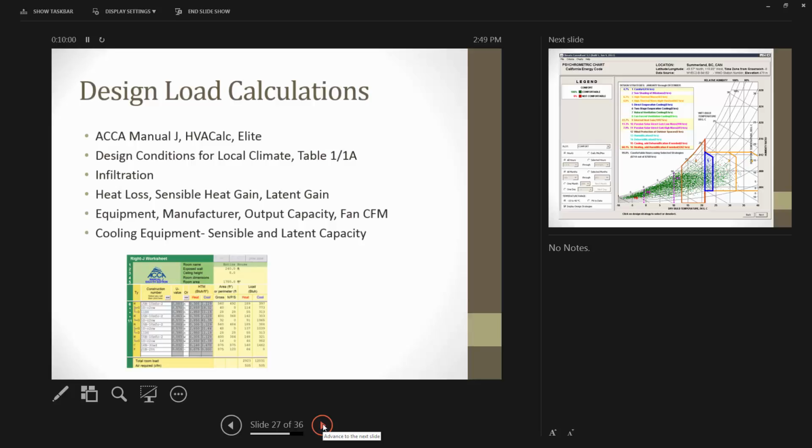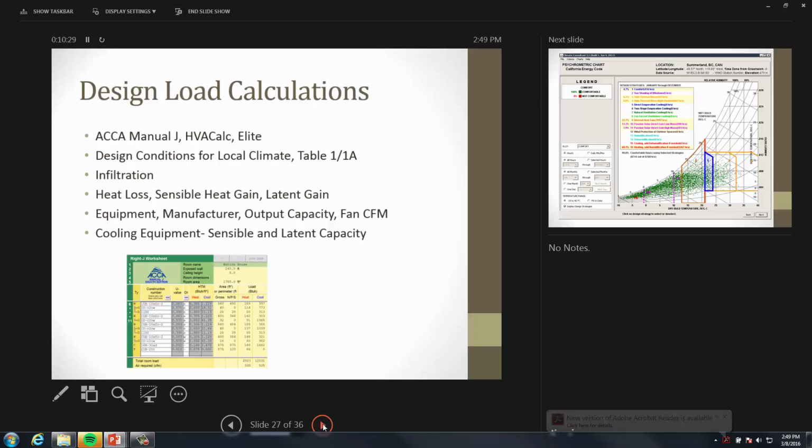So again, a couple other things in there we've got to look at. When we do the calculations, we'll talk about this a little more, we've got to look at not just the heat loss, but the overall heat gain. And when we look at the heat gain, we've got to look at both the sensible and the latent. It can make such a difference depending on where you are.